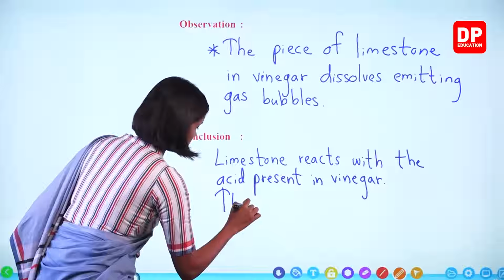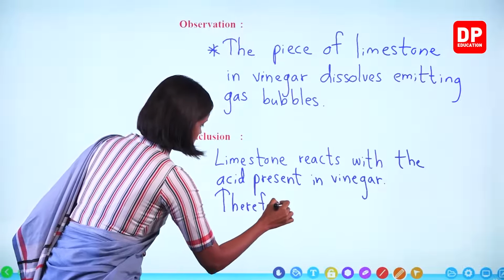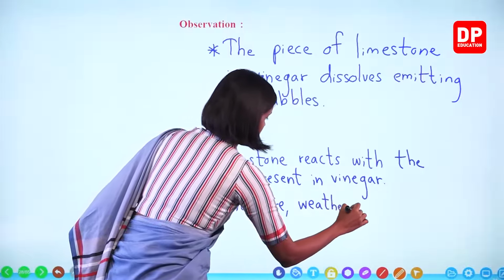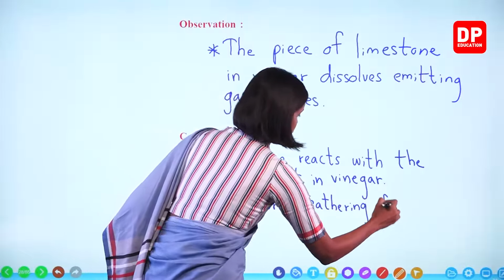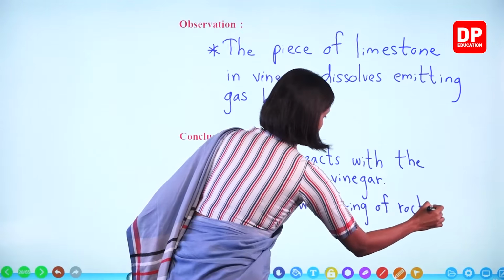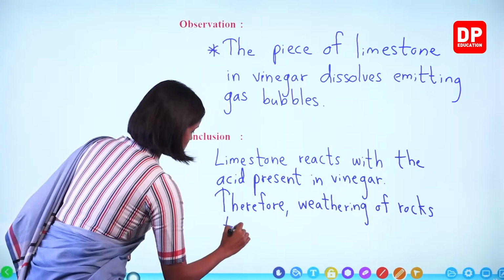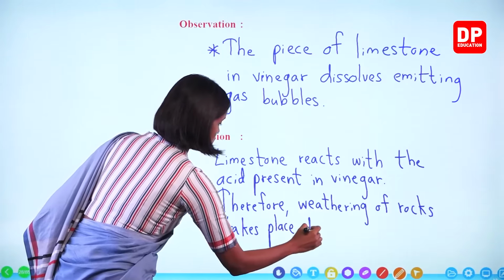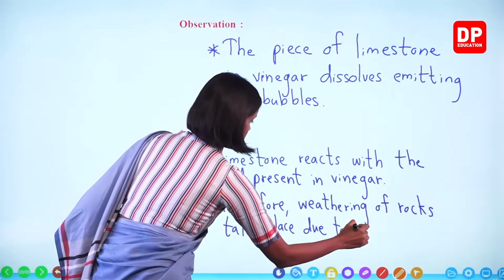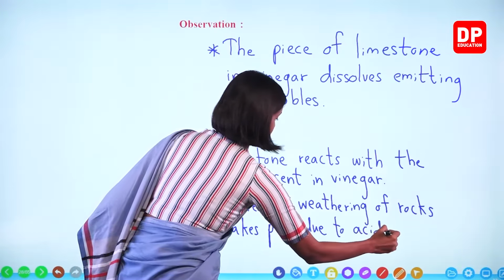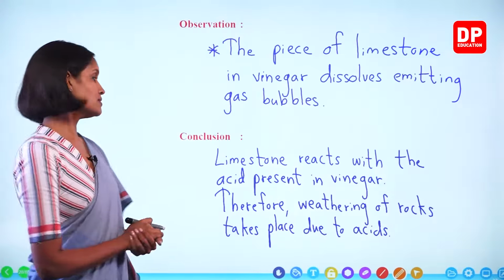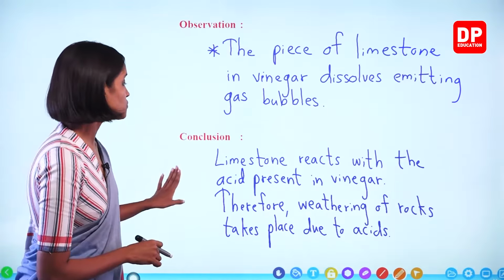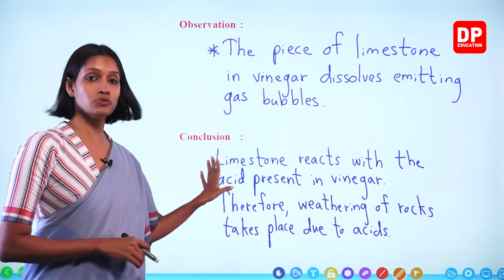Therefore, weathering of rocks takes place due to acids. Right, children? Limestone reacts with the acid present in vinegar. Therefore, weathering of rocks takes place due to acids.